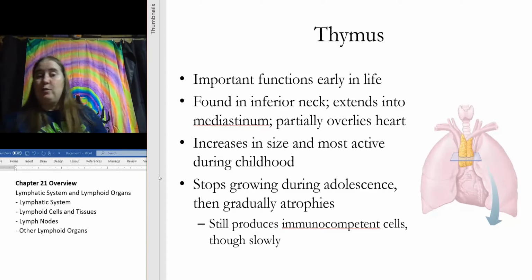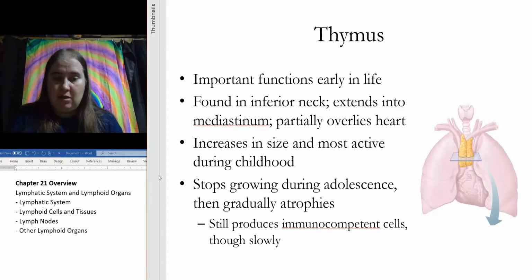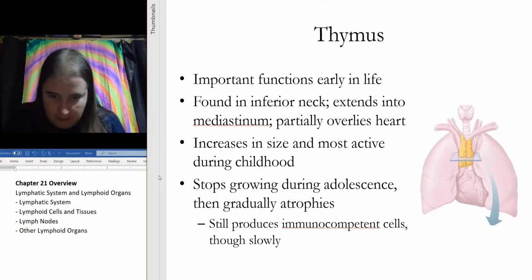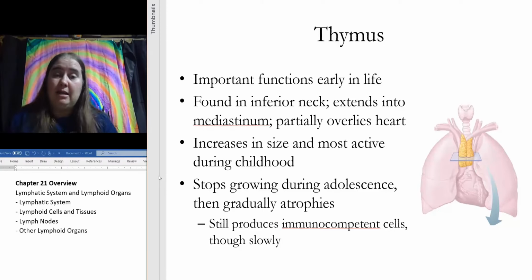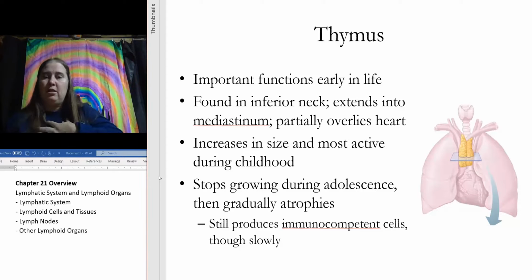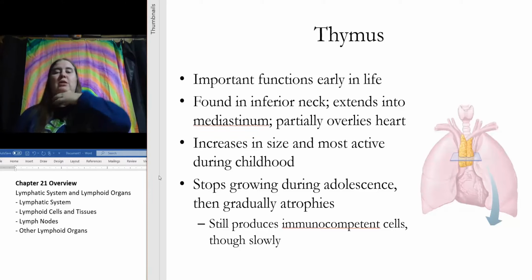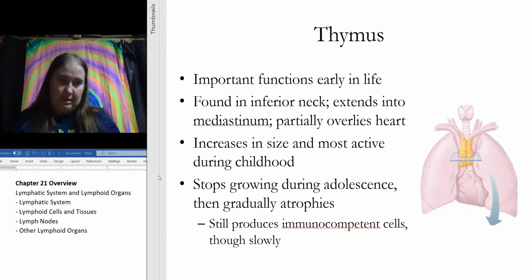Another structure we have within our lymphatic system is our thymus. Okay. Our thymus, again, is a structure that overlays the heart. So in infancy and early childhood and early into the teenage years, the thymus actually runs from the mid-neck region. It comes down and actually overlays on the heart, like you see here.